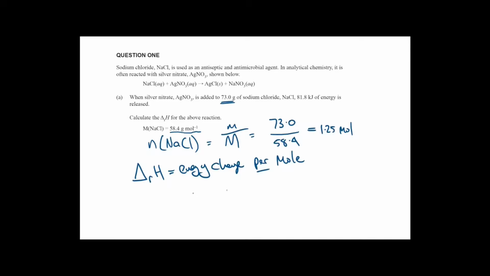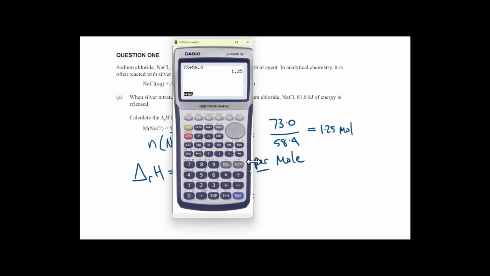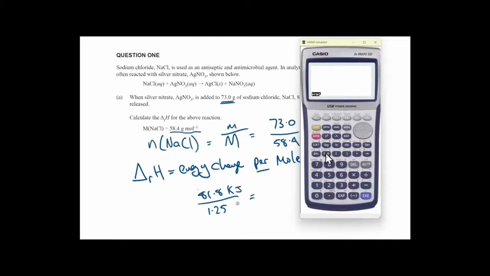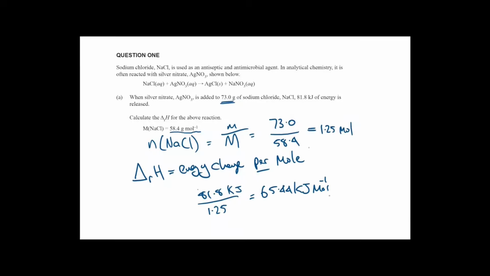You notice that there were 81.8 kilojoules of energy, and this was done by 1.25 moles of sodium chloride. So what is the kilojoule per mole? Well, it's going to be 81.8 divided by 1.25. So 65.44 kilojoules per mole. And that's it. That's how you would do it. So again, yeah, it is a trap.